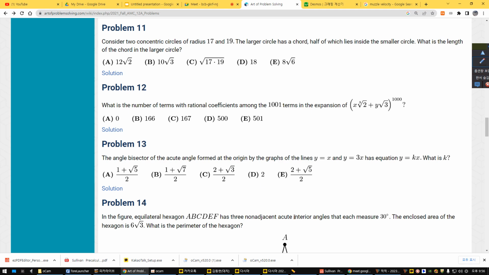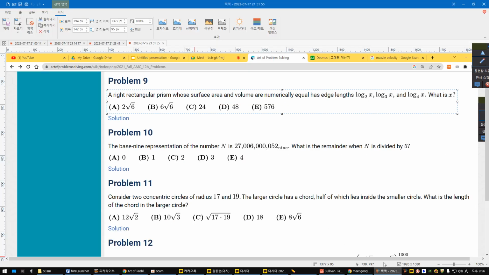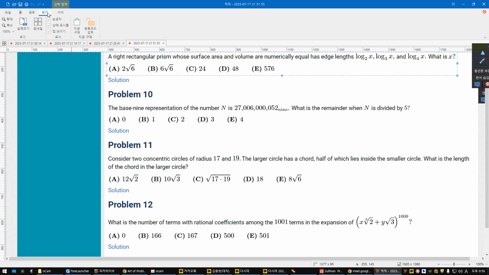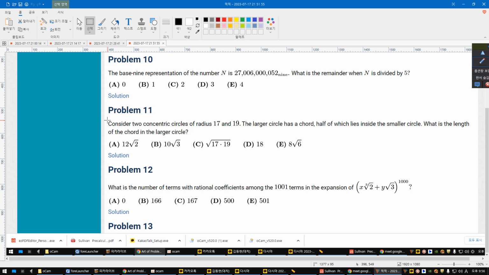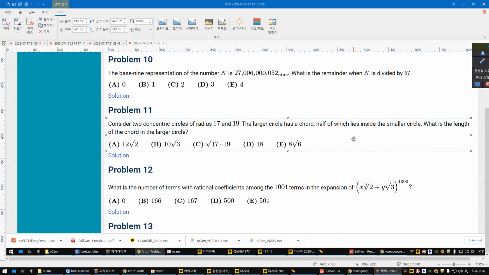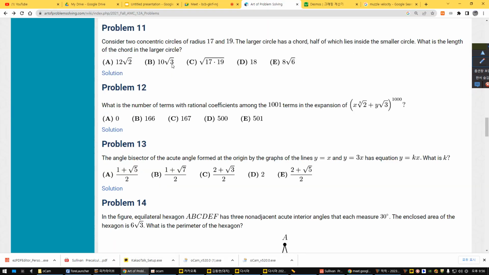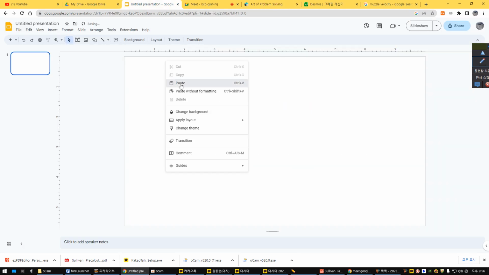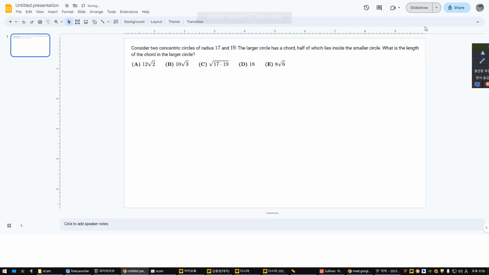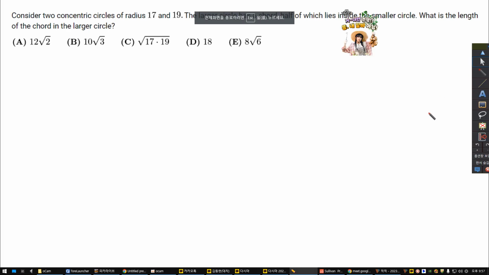Okay. For number 11. Two concentric circles.